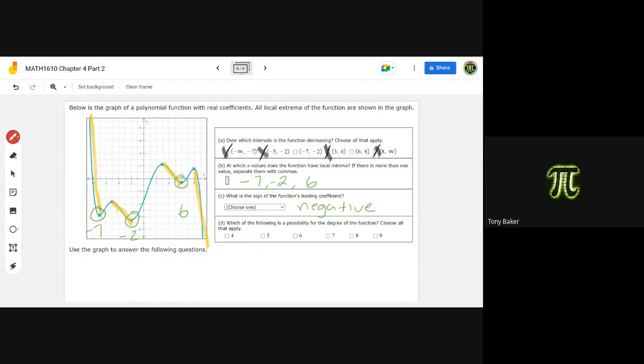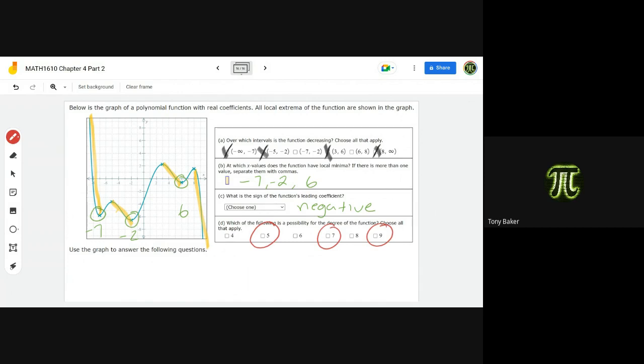Last question. What is the degree of this function? Okay, so it's odd. So we know that. That means it can be 5, 7, or 9. Could it be any of those? So now we have to figure that out.